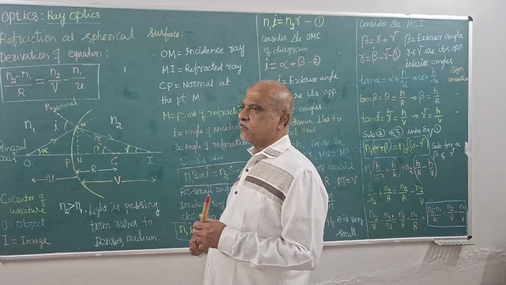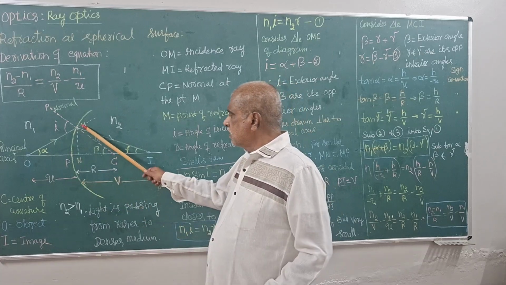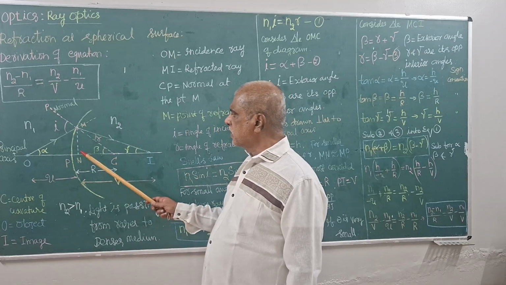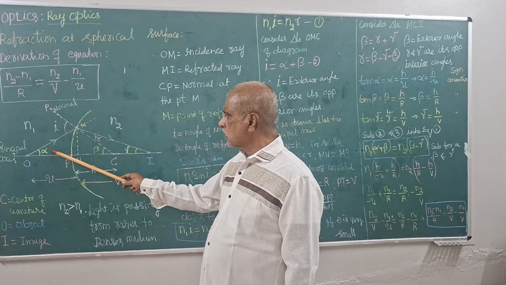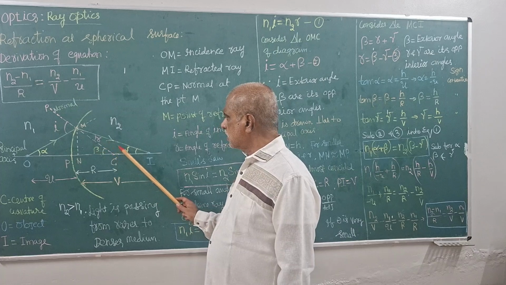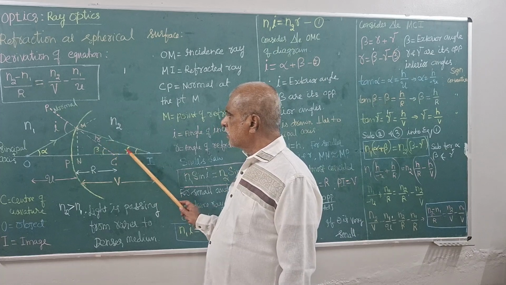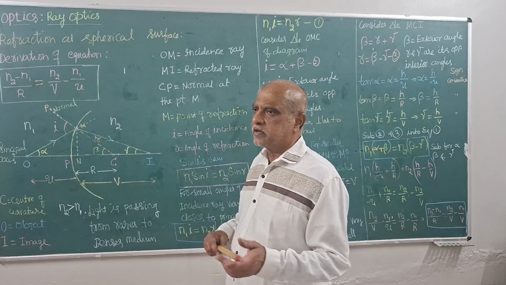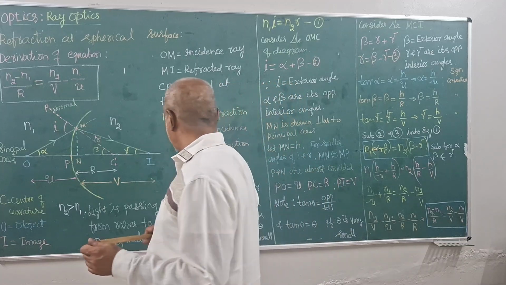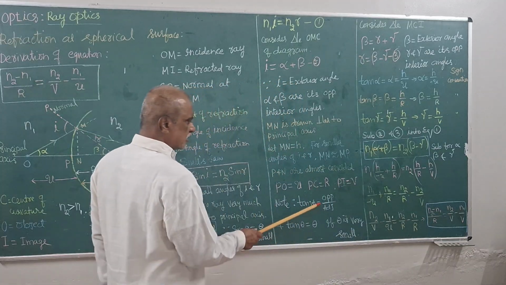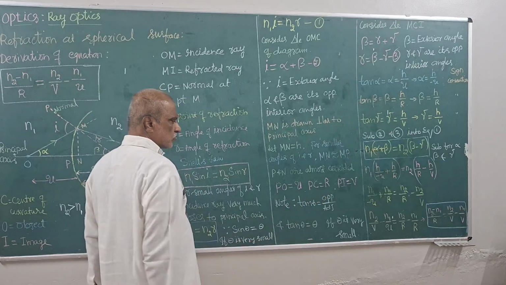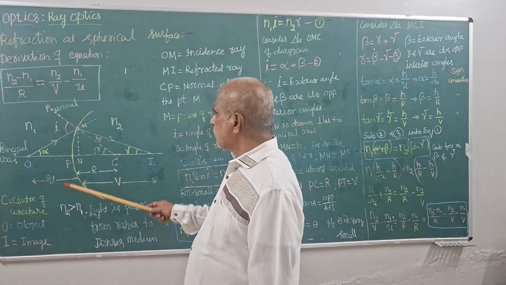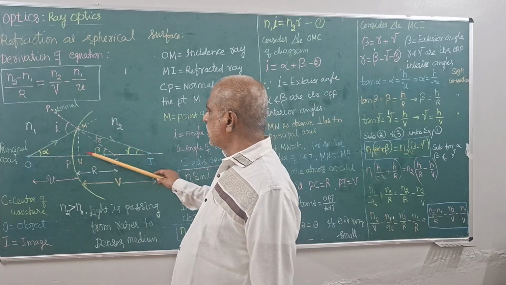Using tan theta, that is tan alpha, tan beta, tan gamma, we can write the angles as ratios of the sides of the triangle. What is tan theta? As you know, tan theta is opposite side by adjacent side. Now apply tan for all these angles.